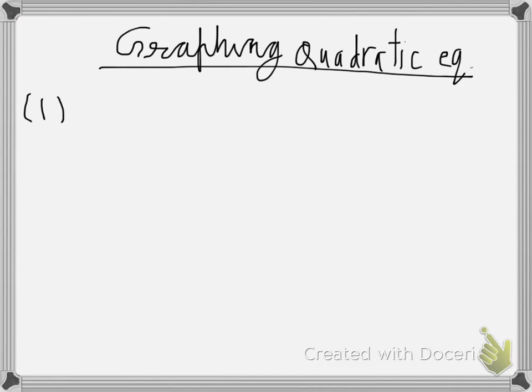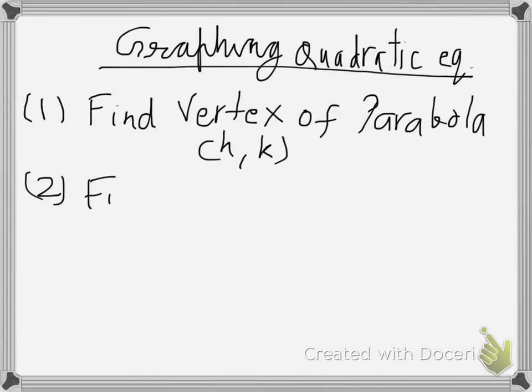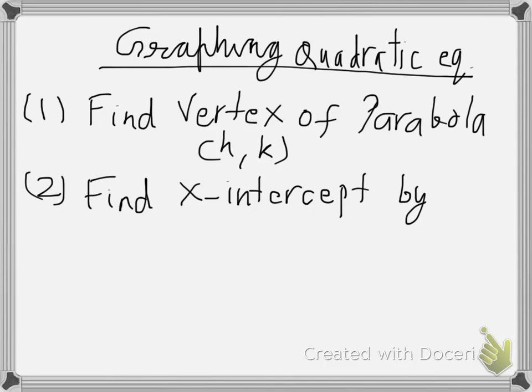First, you need to find the vertex of the parabola, that is h and k. Second, find the x-intercept by making the equation equal to 0.